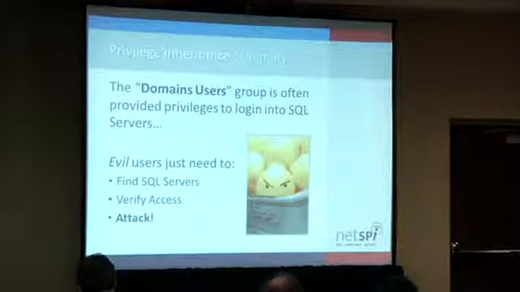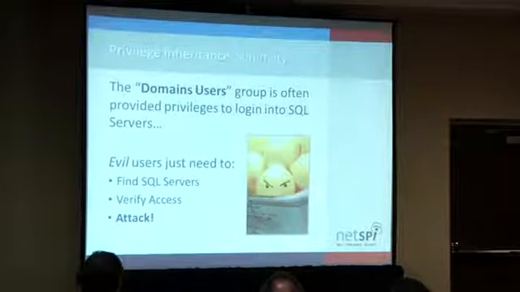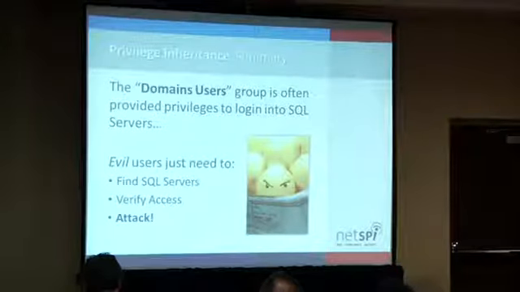The issue that we see a lot during penetration tests, so this is real world, is that the domain users group, this global AD group, gets added with at least logon privileges on a lot of SQL servers, just because it's easy. So when you're setting up an application, you're starting to do debugging, the DBA will simply just throw on domain users, so it just works, and then they forget to remove it. So that's kind of scenario one that we see a lot, that allows domain users to get database access.